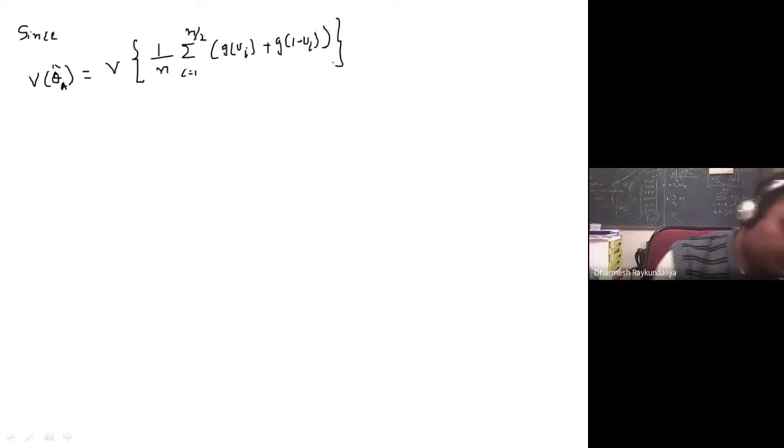That is it, because we know that these are independent. Which ones are independent? Uniform random numbers are independent, right? Am I right or not?